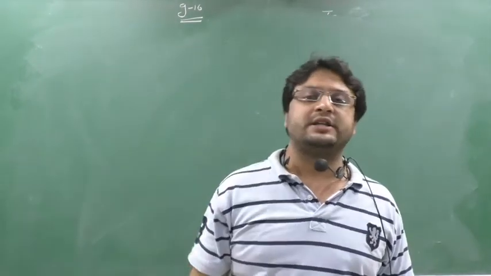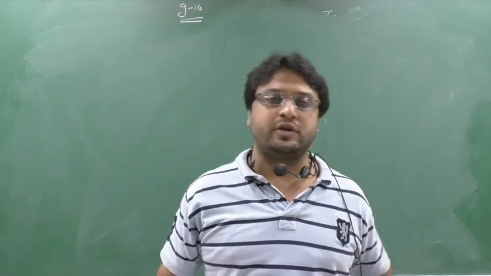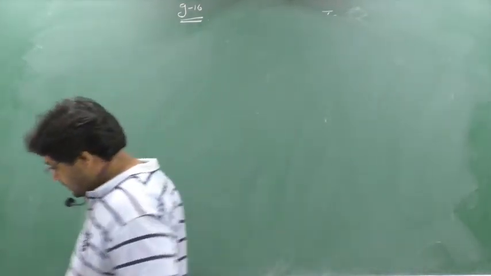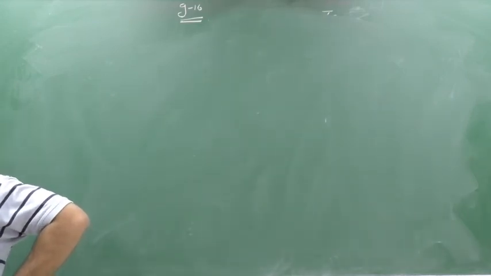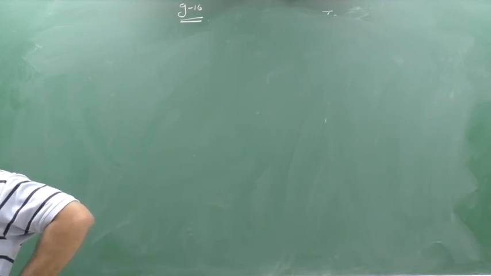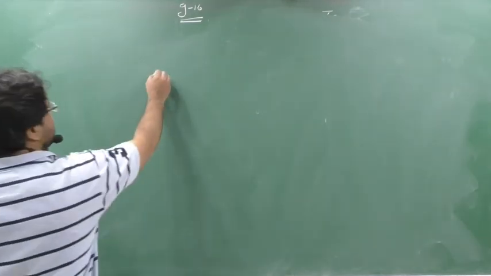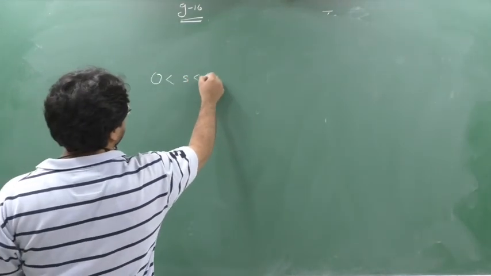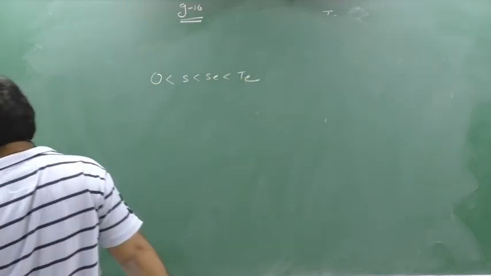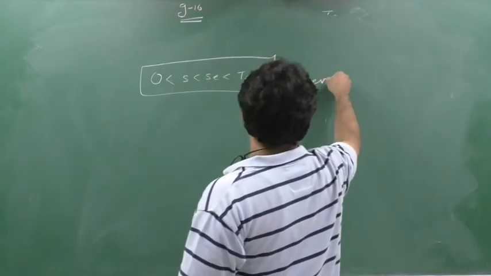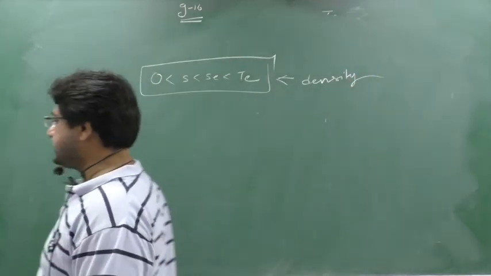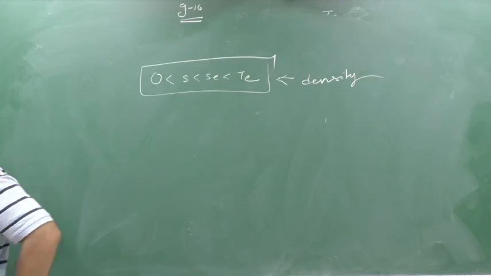So as you know, as you move downside the group, as the metallic property increases, the density also increases. So oxygen will be least dense, then sulfur, then selenium, then tellurium, and polonium will not come because it is a radioactive element. This is the series of density. Clear?